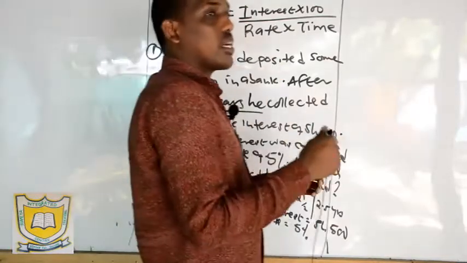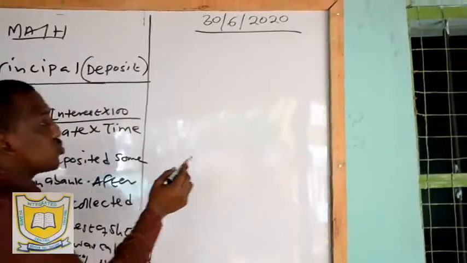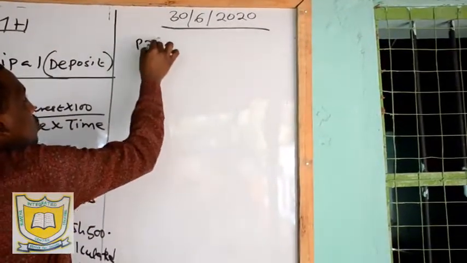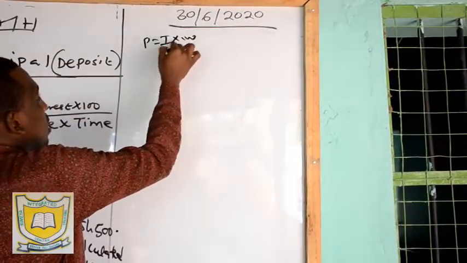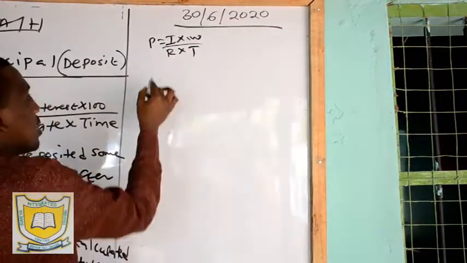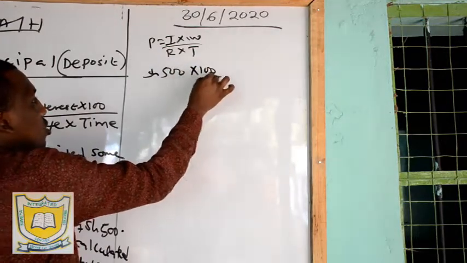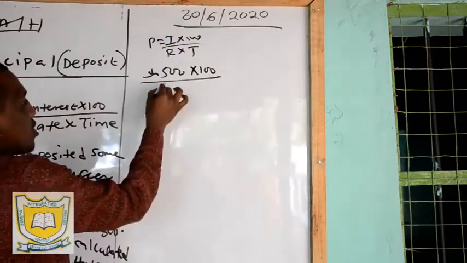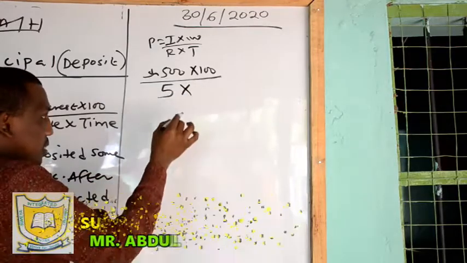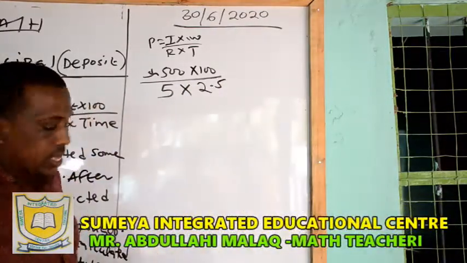So let us get now the deposit or the principal. We said principal is equal to interest times 100 over the rate times time. Our interest here is shillings 500 times 100 over the rate, 5%, multiplied by time, 2.5. Now, what do we do?